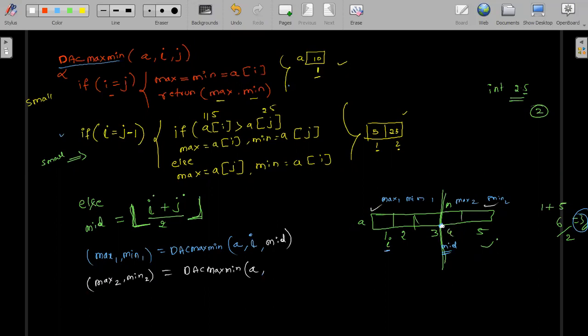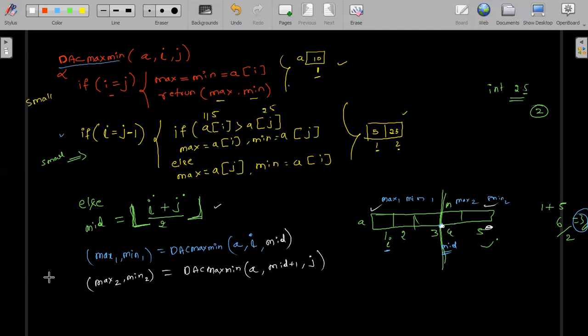Mid plus 1, up to here, mid plus 1. Nothing but this one, mid plus 1. Again where it is ending, j here, that's it. So this is your recursion, nothing but conquer, it will happen here. Division will happen here.